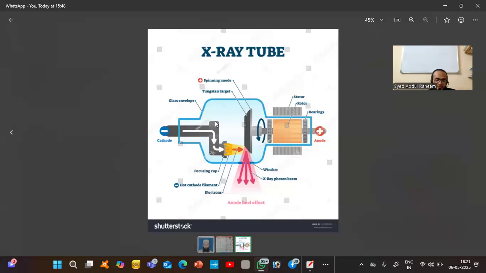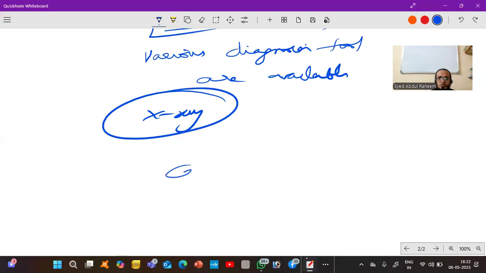Okay, so this is the cathode. The cathode is made up of the elements tungsten and thorium. This is the basic detail. Cathode is made up of tungsten plus thorium.